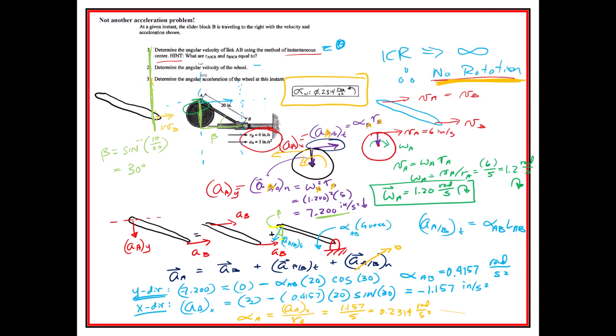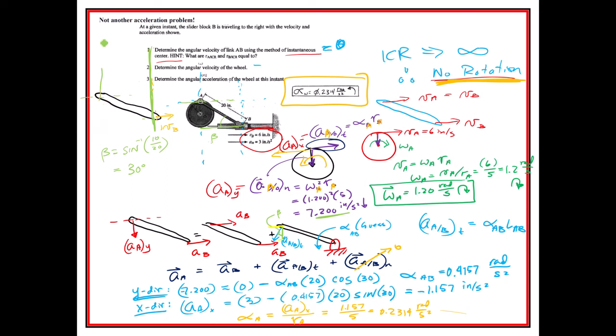But we also know that if the wheel is spinning and we're at that top point right here, it has to go along this line, right? It depends whether the wheel is spinning to the left or to the right, but we know it has to be horizontal, so it has to be this way.